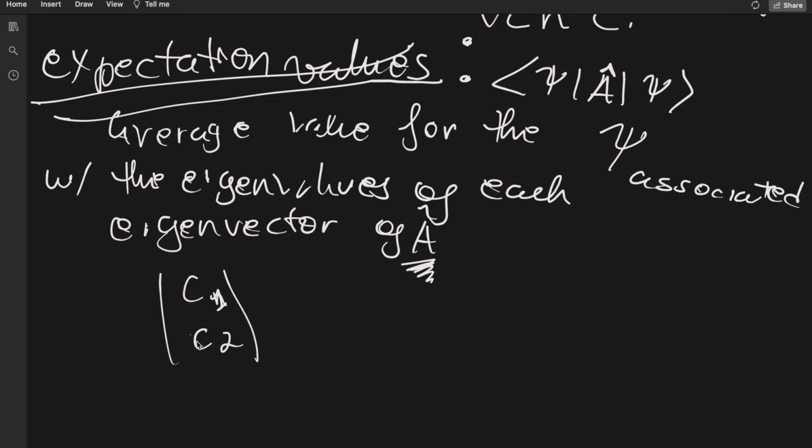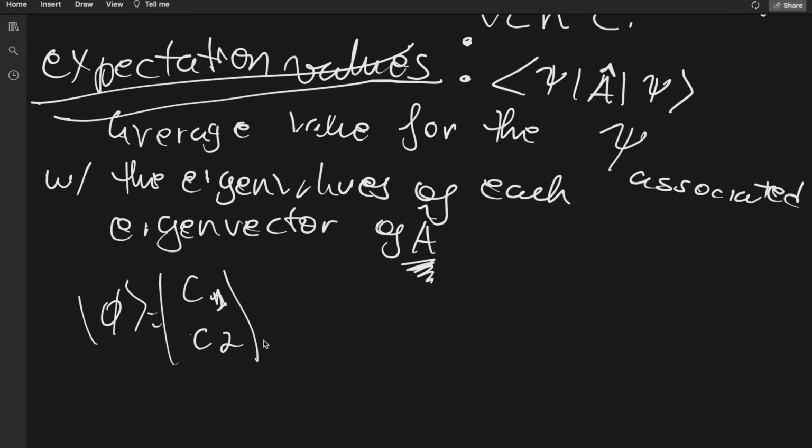Imagine this is the eigenvector. Let's call this, whatever. Doesn't matter what you call them. But anyways, let's call this the state phi.